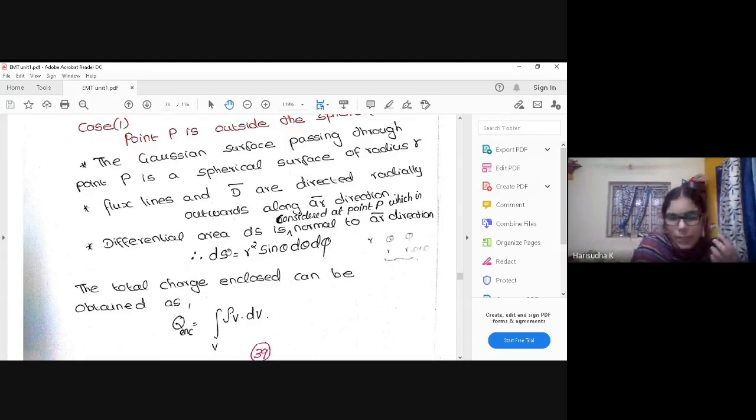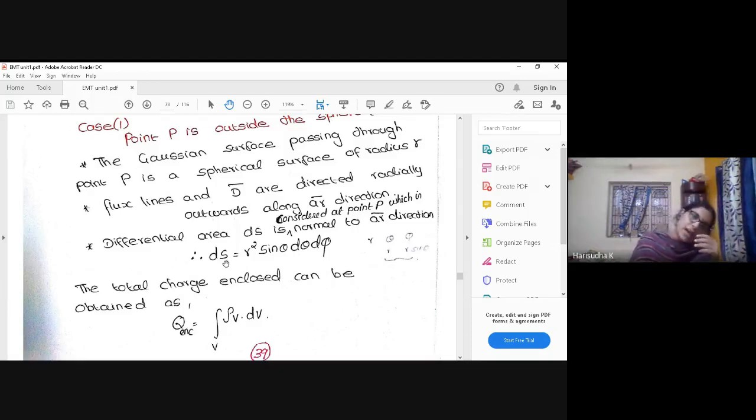How I got this equation is, just check your spherical coordinate system's differential surface with respect to the r parameter, with respect to the radius. Therefore ds will be equal to r square sine theta d theta d phi. Actually this equation is ds suffix r, that is normal to the AR unit vector.